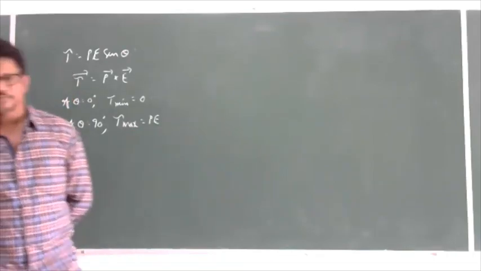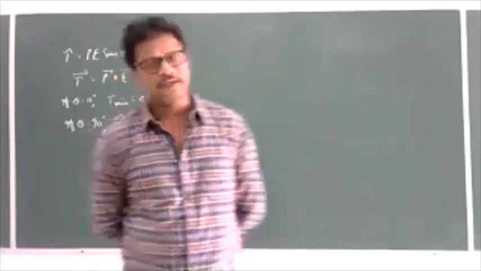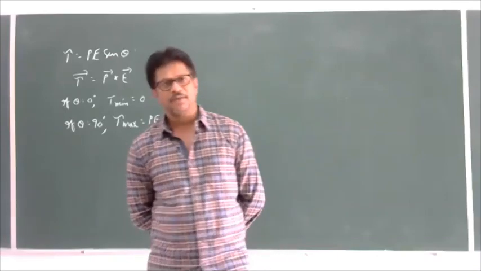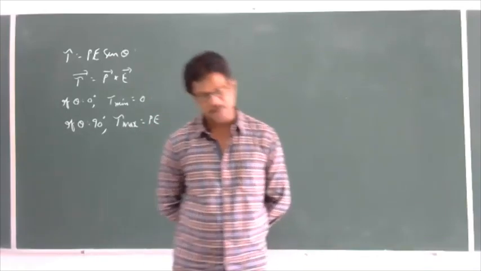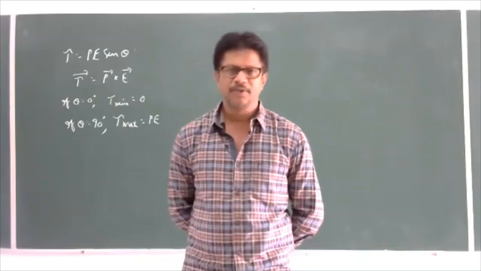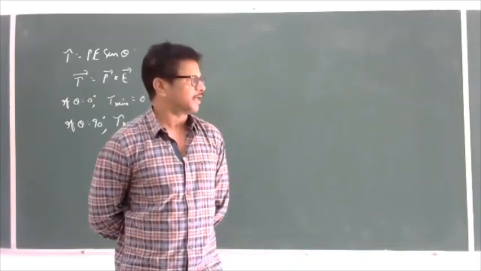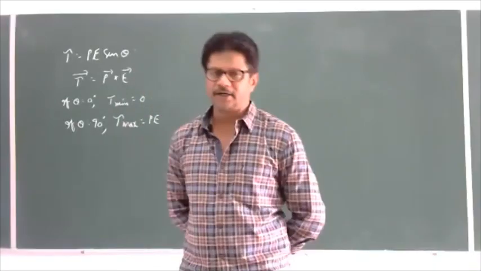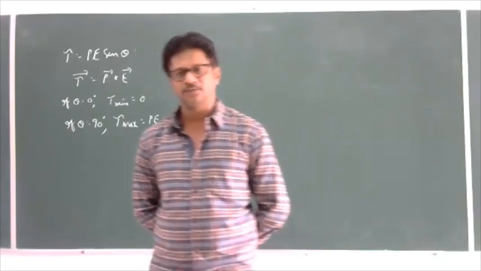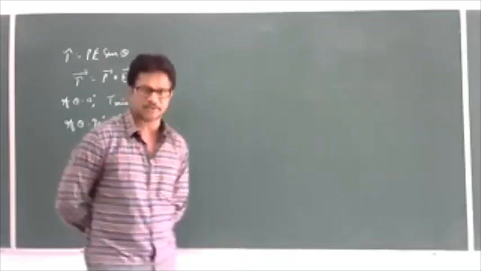Moreover, whenever an electric dipole is placed in a uniform electric field, it will experience only torque but not force. Whereas if an electric dipole is placed in a non-uniform electric field, it will experience both force and torque.